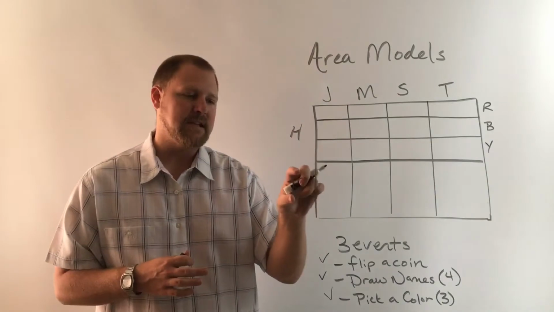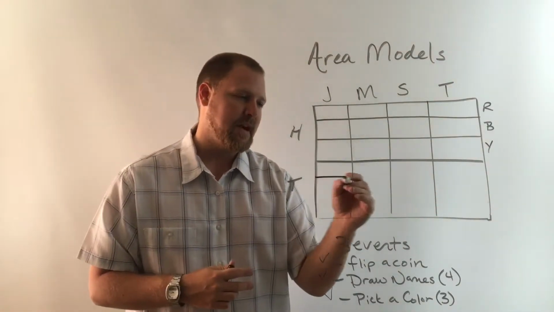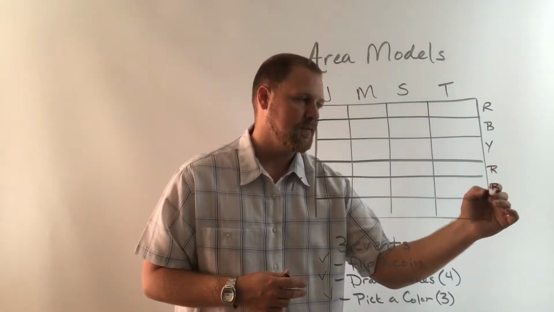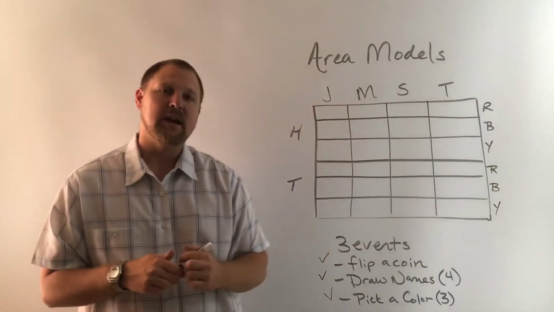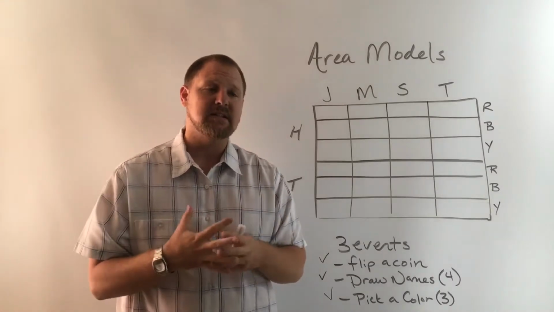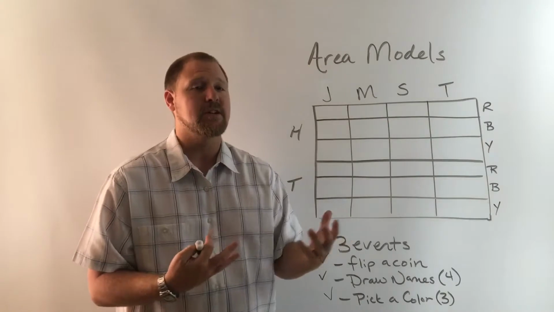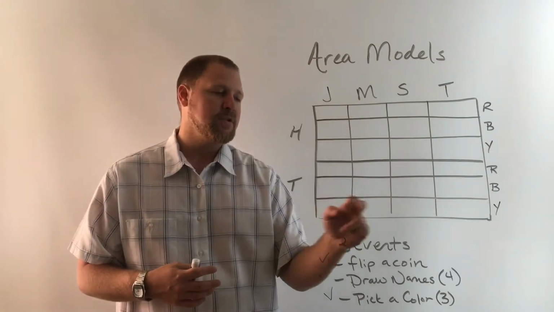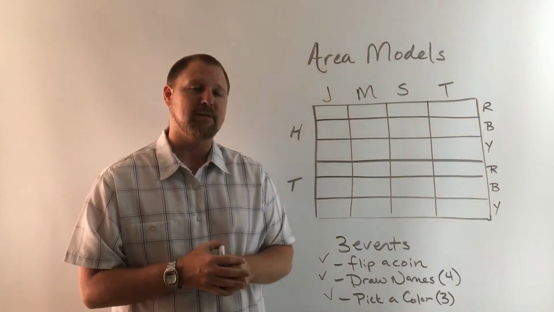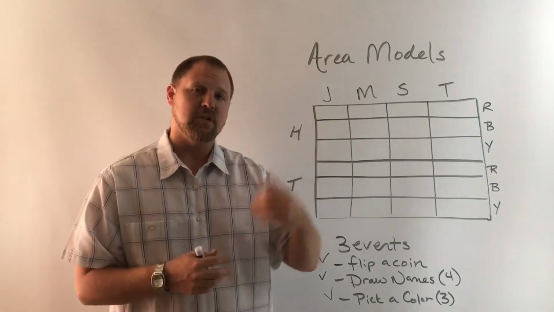So now I have to take the outcome of flipping a coin and getting tails, and I've got to divide these all by 3 as well. And I have red, blue, and yellow. And now notice that each one of these boxes are conceptually identical in size and area because every division was supposed to be equivalent because it's theoretical. And so we have 1, 2, 3, 4 times 6. So we have 24 different possibilities, 24 combinations, which means the probability of each box is 1 divided by 24.